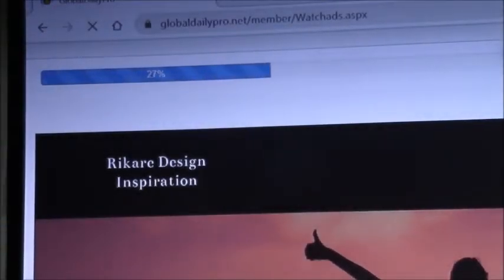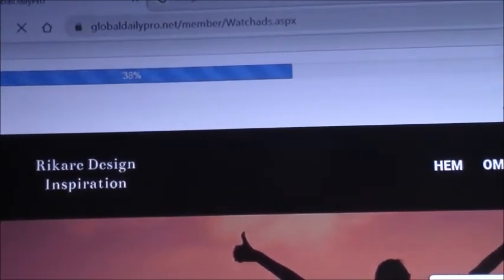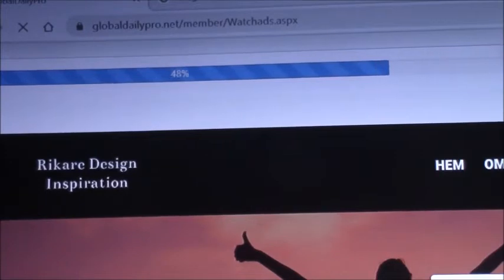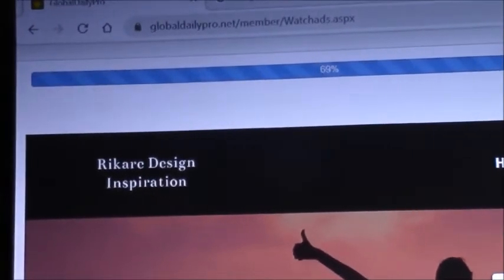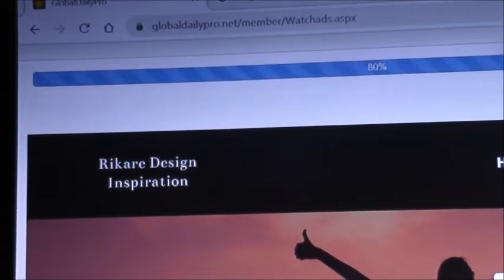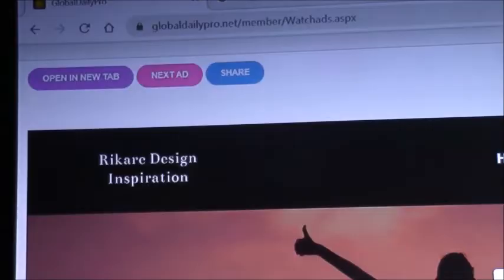So if I can do this, you can too. See how fast that is running? So just click 10 ads a day. It's fast and it's quick. So you just have to go next.